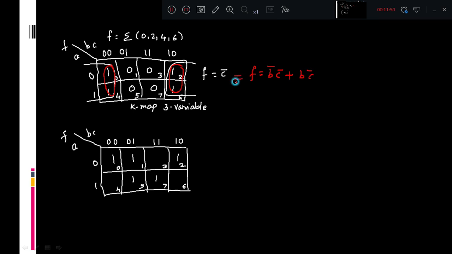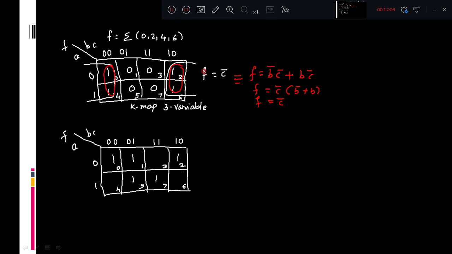So these two output simplifications are equivalent. We can check here. If I take C bar common, we are left with B bar plus B, which is 1, and we get F as C bar only.